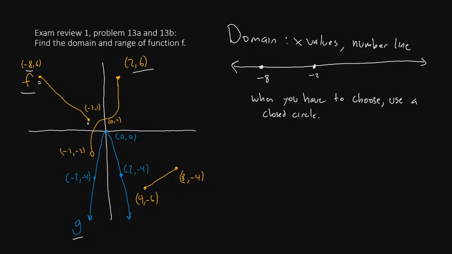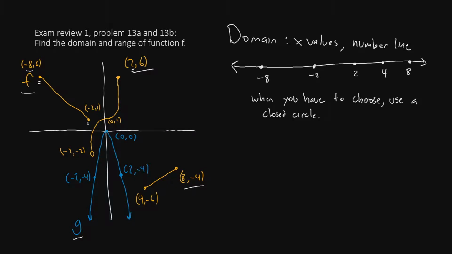We reach this position, 2, 6. Let's again use the x value. It is a 2, closed circle. Now the function skips downward to 4, -6. Also a closed circle. We follow that piece to the right, and we reach the final point, 8, -4, put a closed circle at 8.